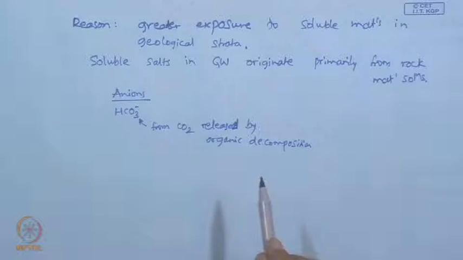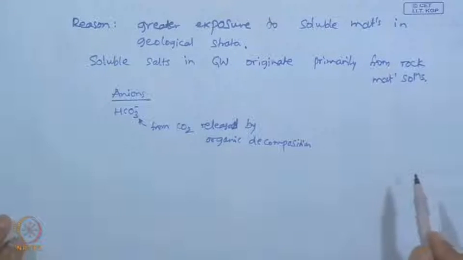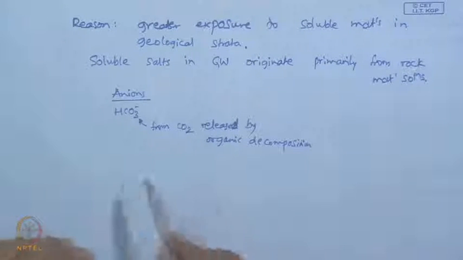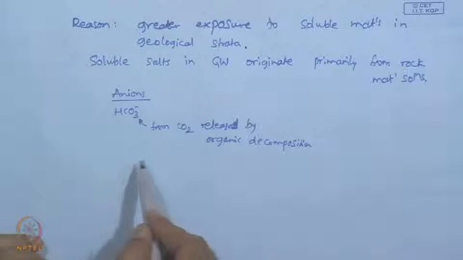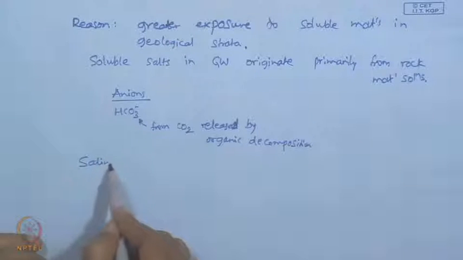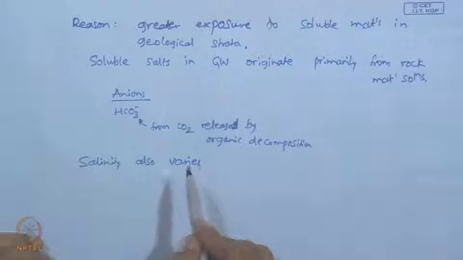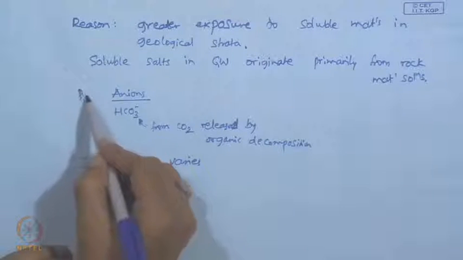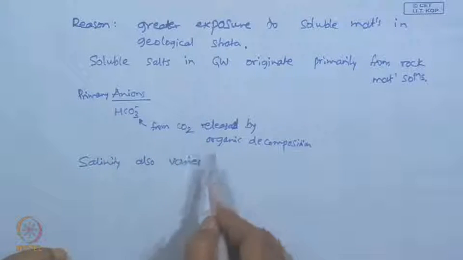So, the primary anions in groundwater are HCO3.